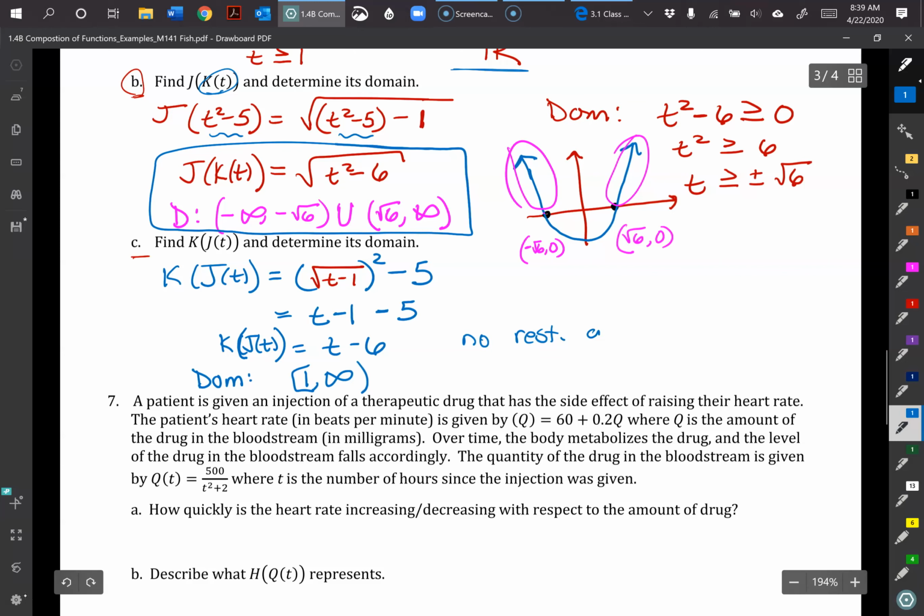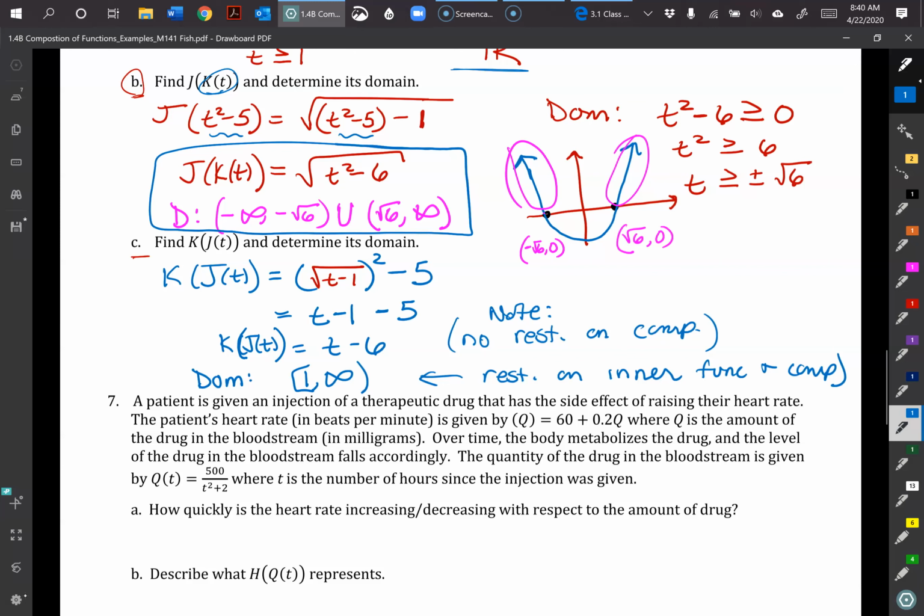So what I find the common mistake is people forget to check the inner function restrictions. They just do like the outer, or they might do the inner and the outer, not the composition.